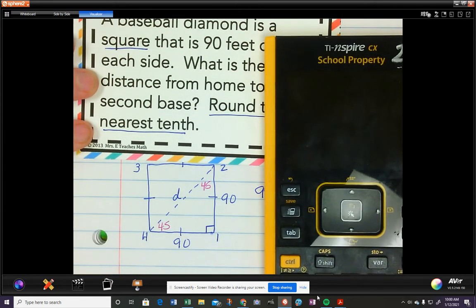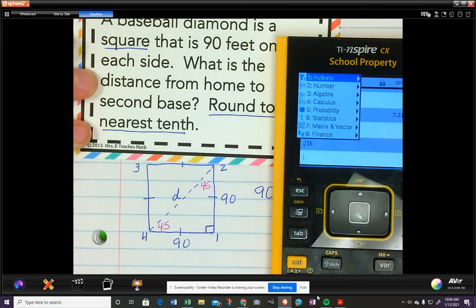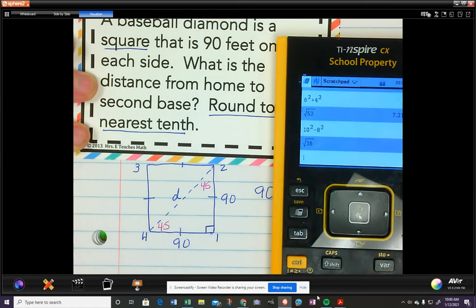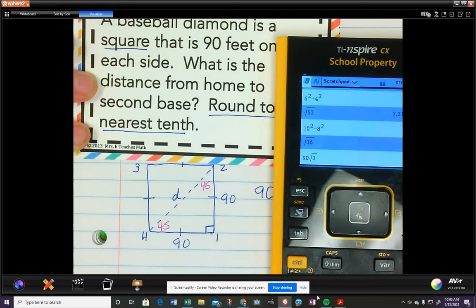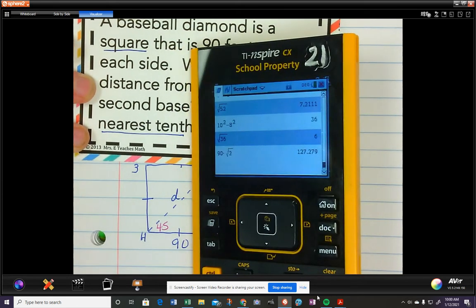I know mine looks different than yours. That's okay. And I'm going to go escape. 90 times the square root of 2 and press enter. And I get 127.27.